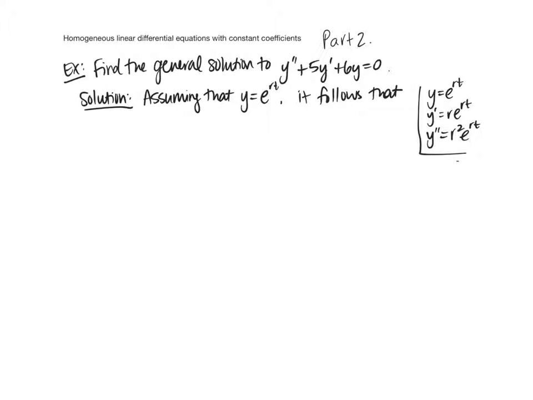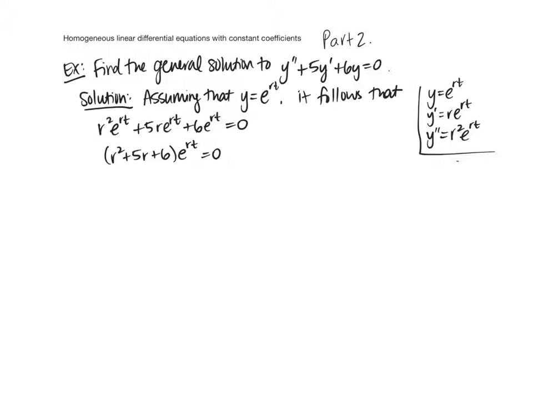So plugging those in, we get r squared e to the rt plus 5r e to the rt plus 6e to the rt is equal to 0. By factoring out that e to the rt, we get (r squared plus 5r plus 6) e to the rt equals 0.